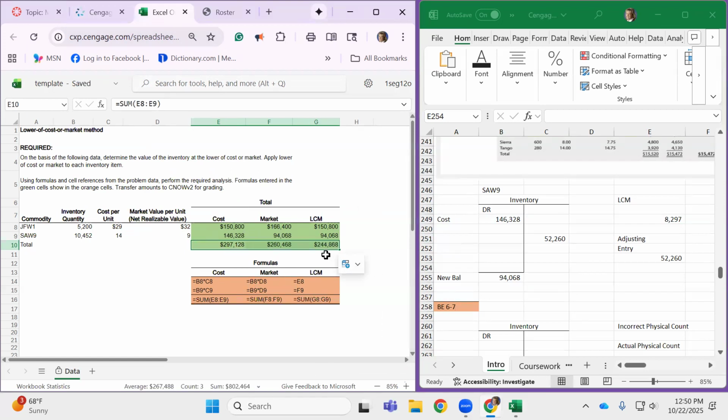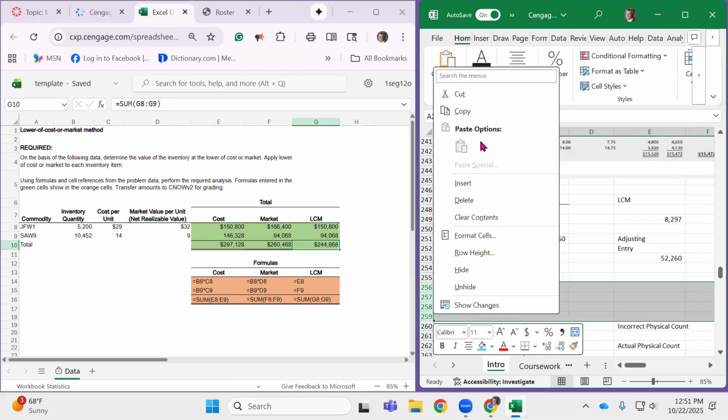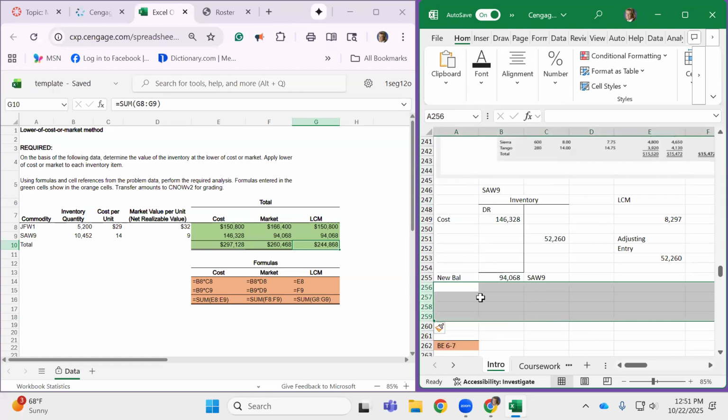All right, so now our inventory, this is just the one item that we had to change, right? We could keep the one that was lower than market. Here's our new total. So this is the new total for this item SAW9. And then let me go ahead and put the other item in. We'll add them together. So that's what they want.